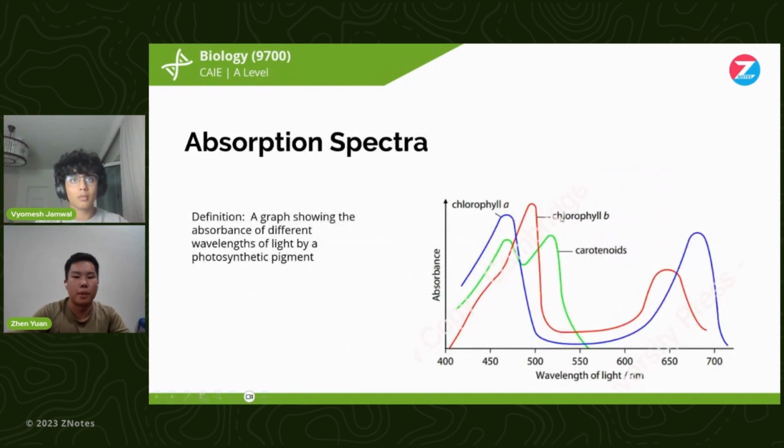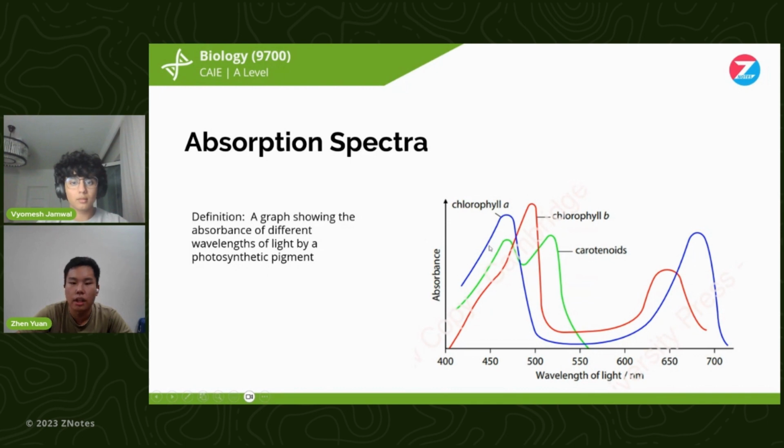So let's take a break from all that complex stuff and look at something slightly simpler: your absorption spectra. What is that actually? It's just a graph showing the absorbance of different wavelengths of light by a photosynthetic pigment. You can see chlorophyll A, chlorophyll B, carotenoids.